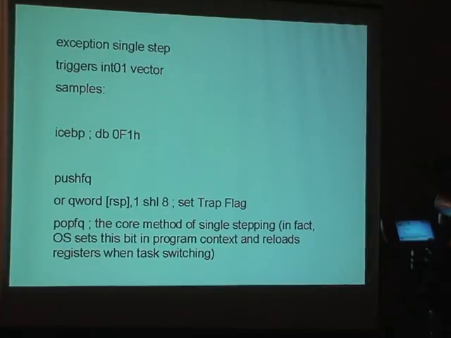This is the core method of single stepping, but not in this way. This is only a sample of how to do it. The operating system sets this bit only in the program context, and then the operating system reloads registers when the task switches. You can use this sample, for example, in a self-modifying or self-protecting executable.